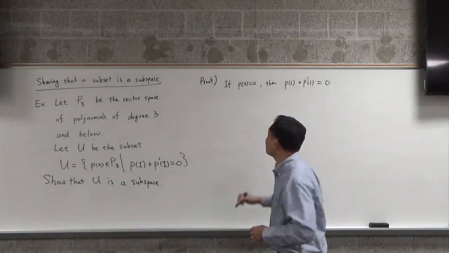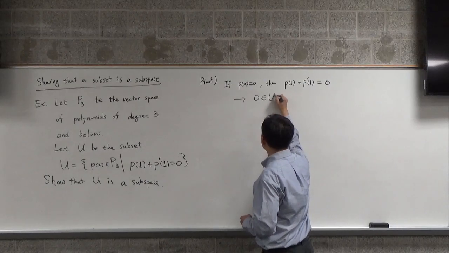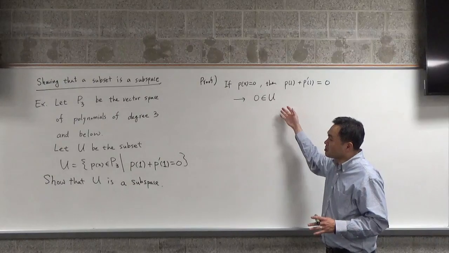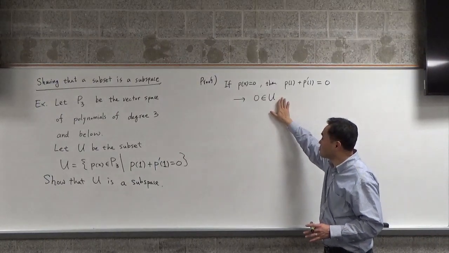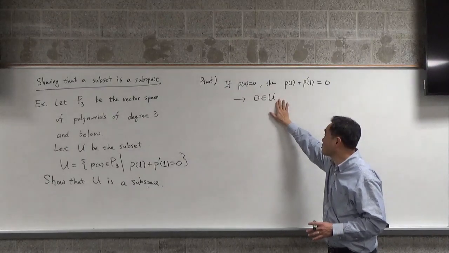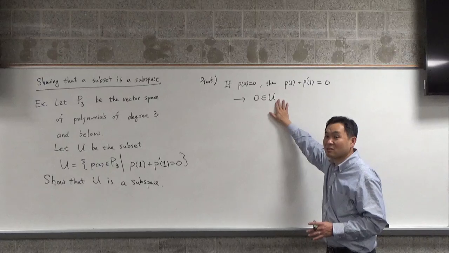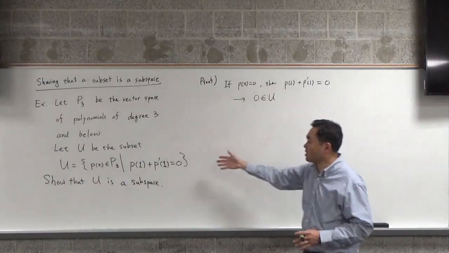So 0 is included in U. At first I thought you don't have to show this, but I realized that this condition is there just so that you know that the space is non-empty. So we know that there's at least something in here.